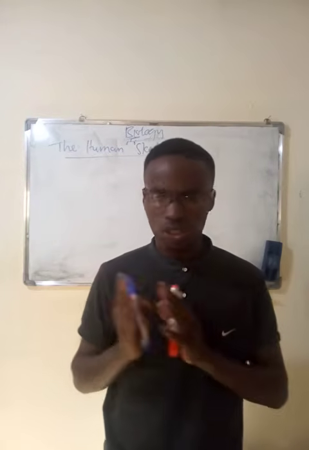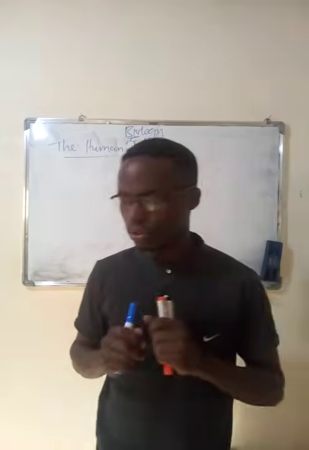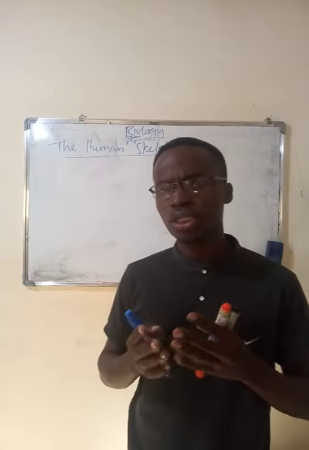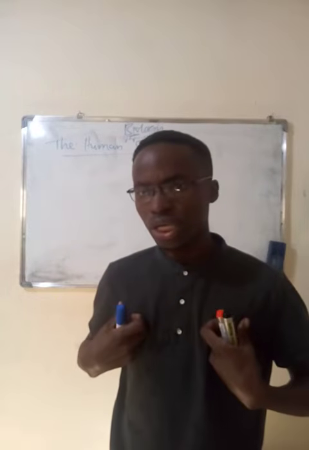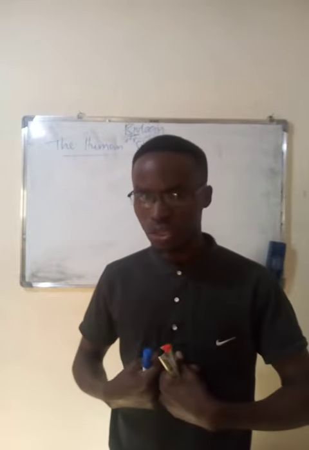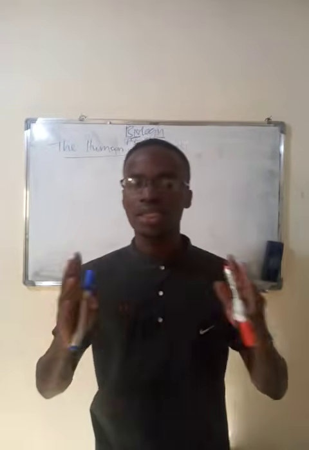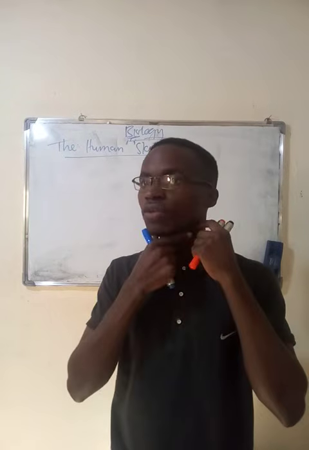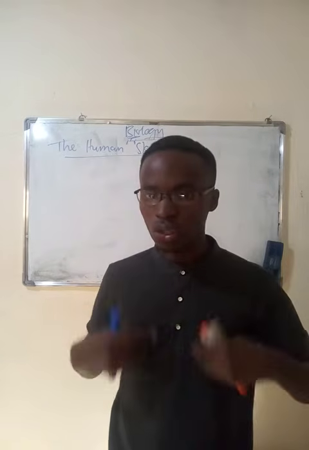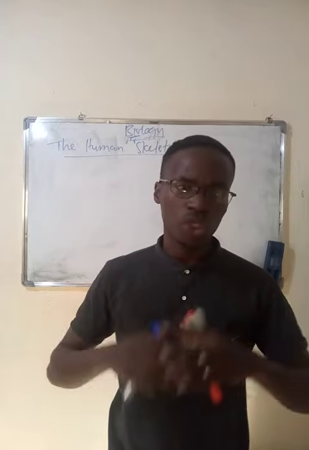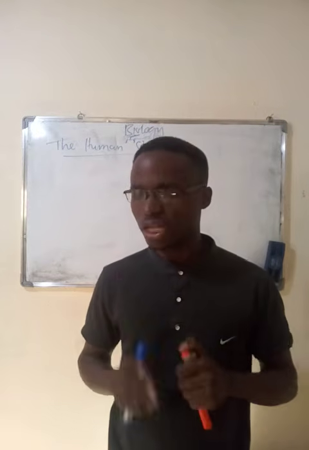Now, when we say exoskeleton, we're talking about the skull together with the rib cage, as well as the spine, or rather the vertebral column, from the neck all the way down the spine. So that is what is called the exoskeleton.